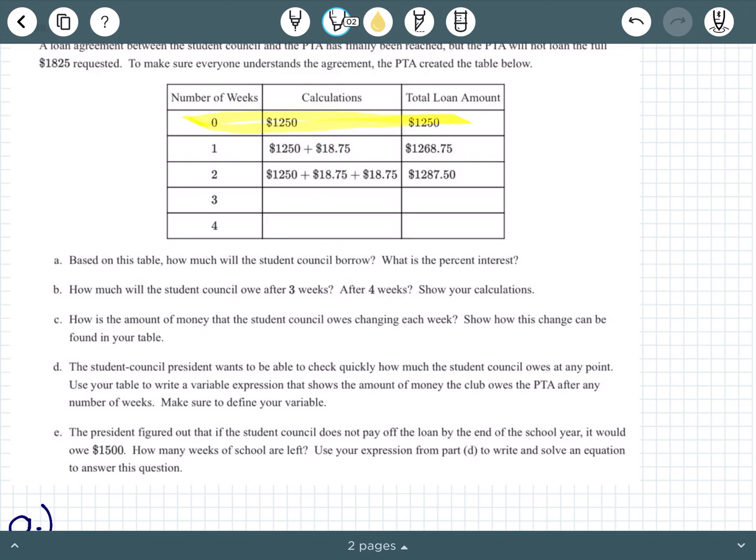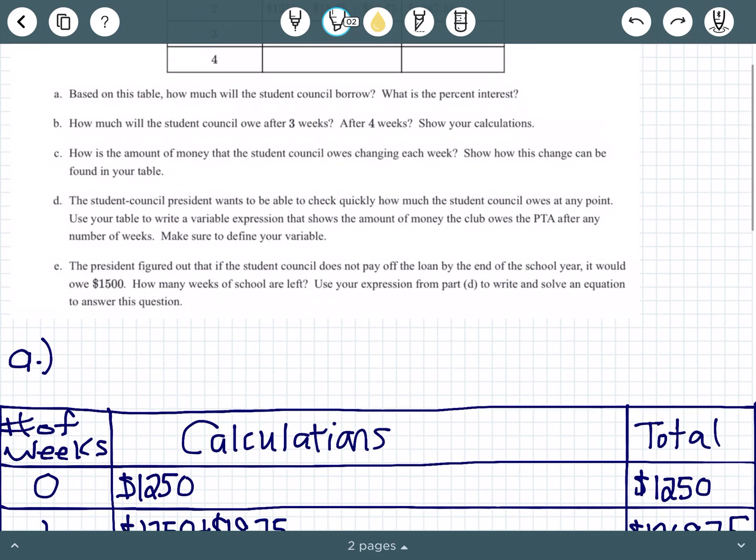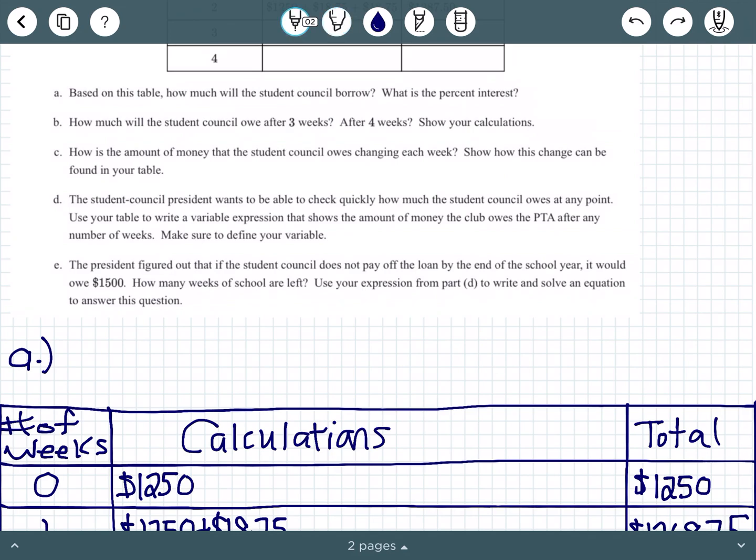And I see after 0 weeks, the total loan amount is $1,250, which tells me that the $1,250 is the amount that they borrowed, or their principal. So we will say they borrow $1,250.